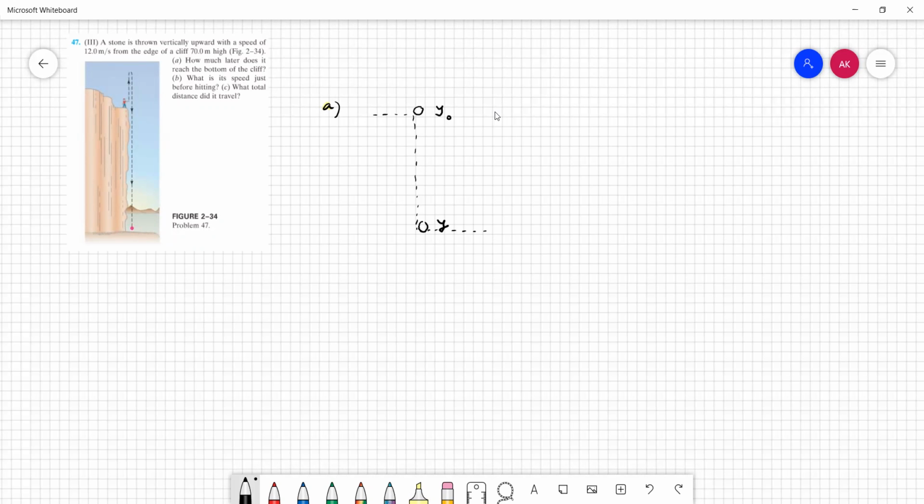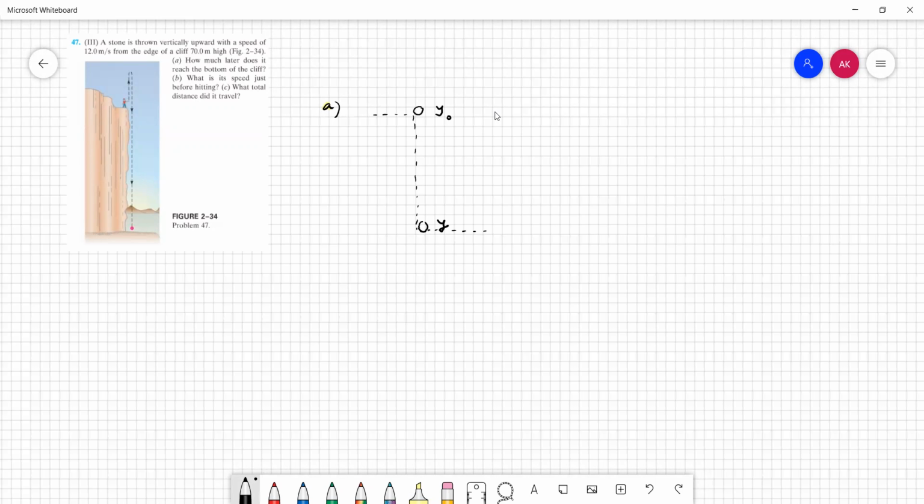You may be confused: does it mean we are just trying to find the time from the cliff to the ground while the object is coming down? It's not. You are trying to find the time when the stone was thrown upward, so the entire time, starting from the cliff, going up and coming down.